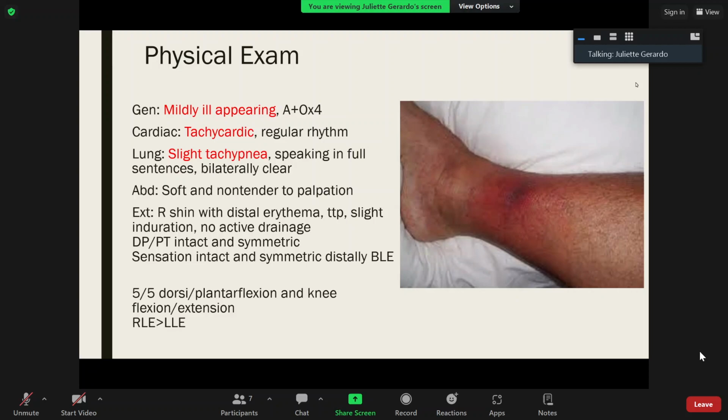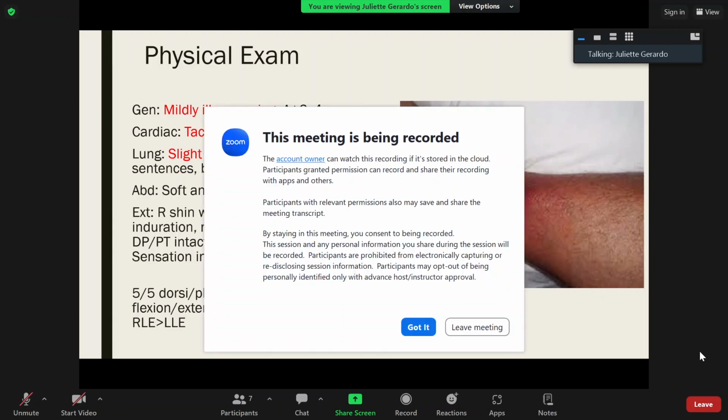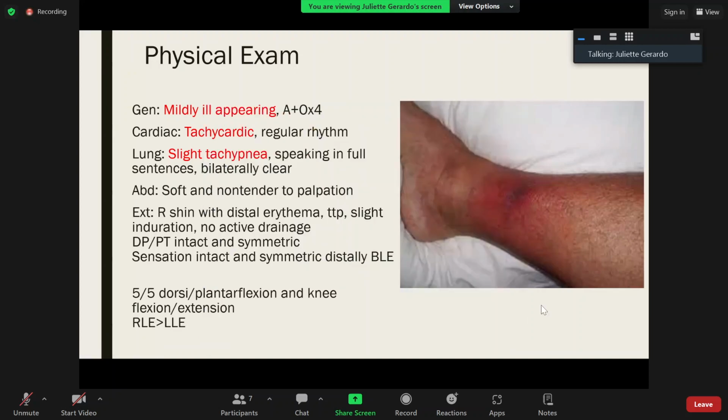Okay. So it sounds like we're going to get some imaging, as you said. We're going to confirm infection. We're going to rule out any signs of a DVT with your ultrasound.